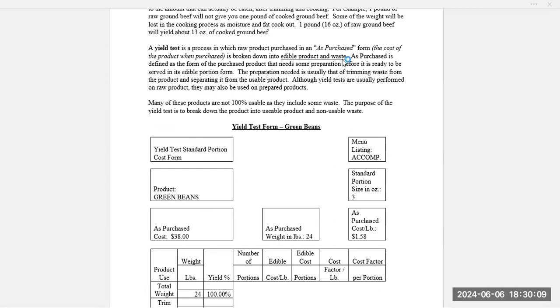So the yield is telling you how much of this you're going to get versus how much of that you're not going to get. What you get is your edible portion. What you don't get is your waste.